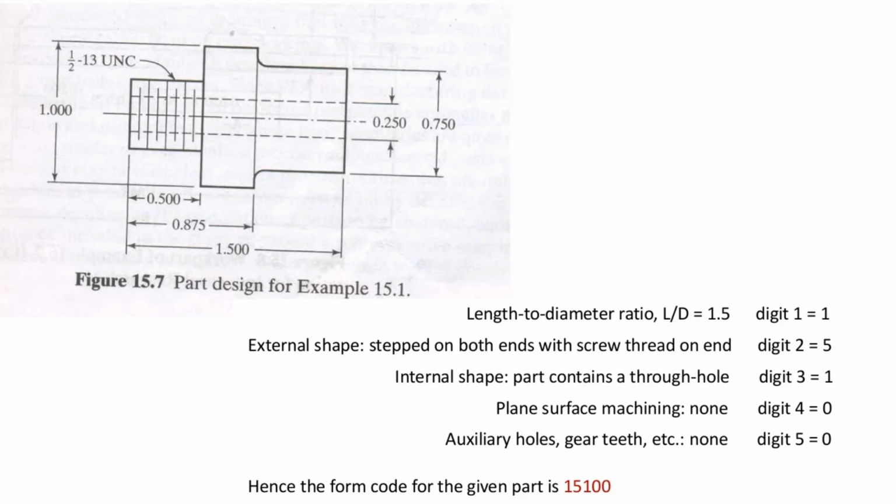Similarly, we have seen external shape; next is the internal shape. In digit 3 of the form code, it is going to be 1. Plane surface machining is not done, and similarly auxiliary holes are not done, so 0. Again our OPITZ code is going to be 15100.